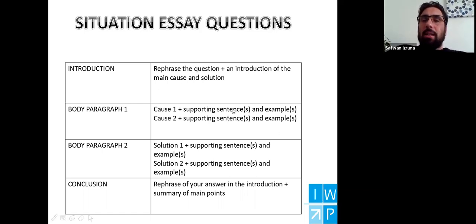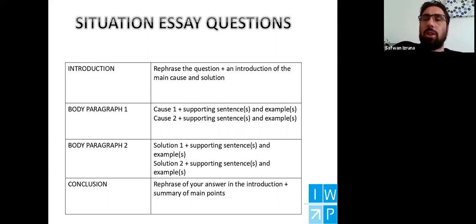Now, when we say supporting sentences and examples, what do we mean by this? So if I state that a cause for people being overweight is that they are inactive, right? So this is a good reason why people are overweight. They are inactive. But it's not just enough to say they are inactive.